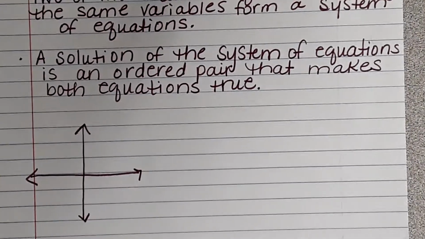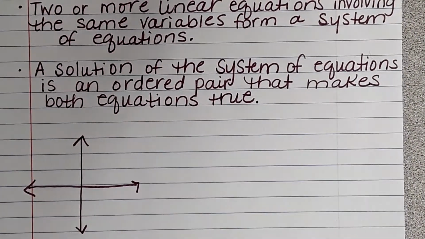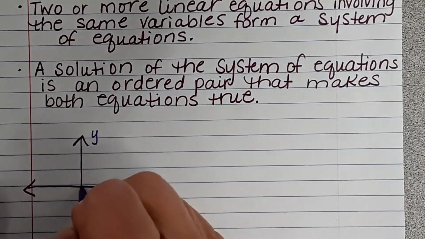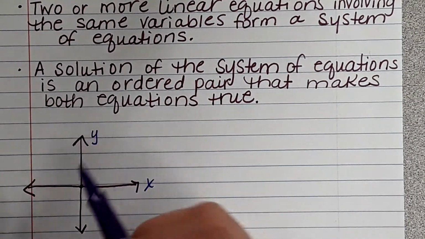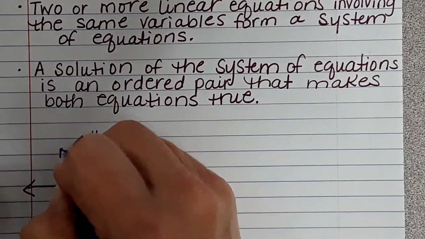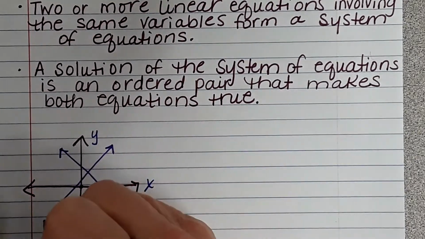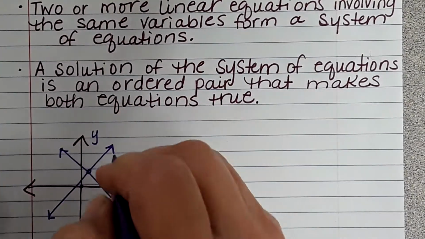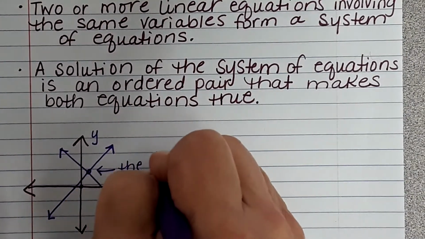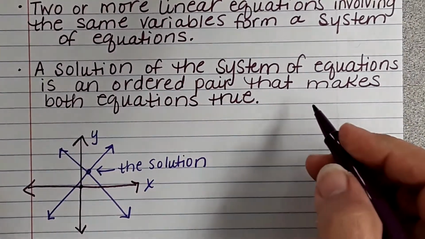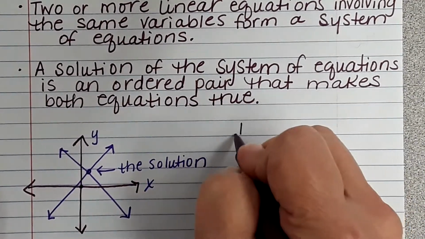So let's move this up. So you might have, this is your Y, this is your X, this is your vertex. You might have 2 lines that intersect. This is the solution right here. These are intersecting lines.